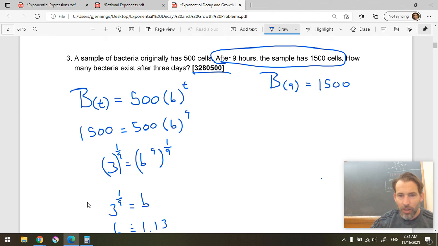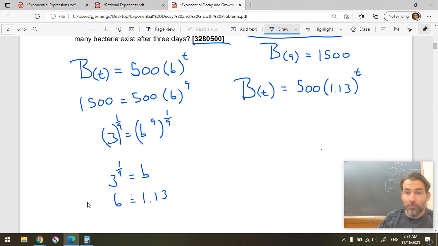So then what I have now is this function. B of t is equal to 500, the initial number of bacteria, multiplied by 1.13, that's my growth factor, raised to the power t. T is hours. All right. So now I'm asked how many bacteria exist after 3 days. 3 days is 72 hours.